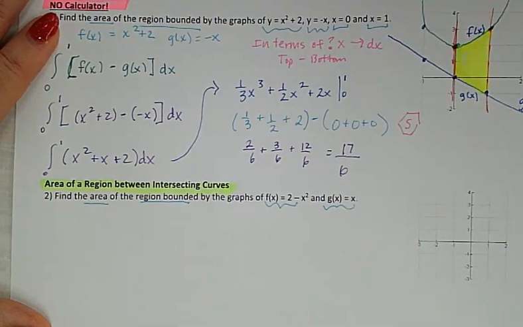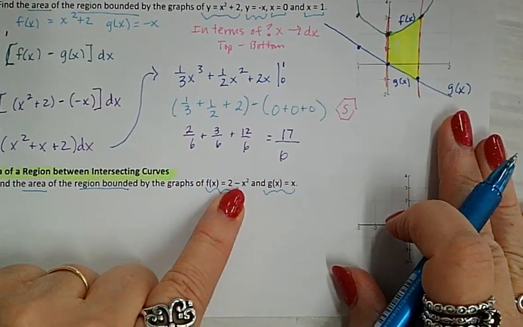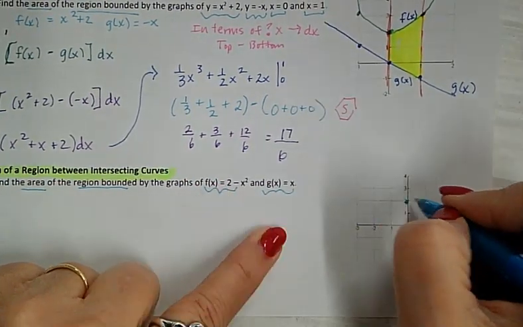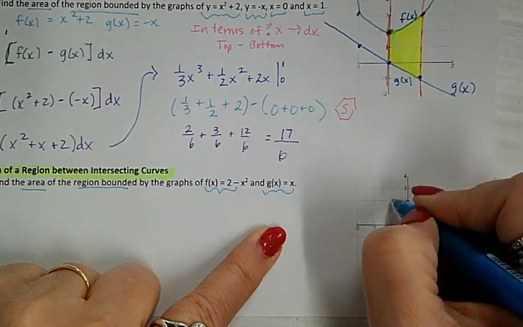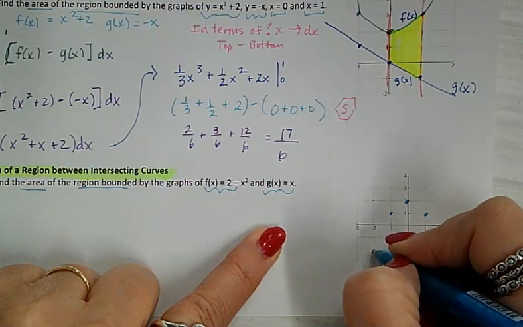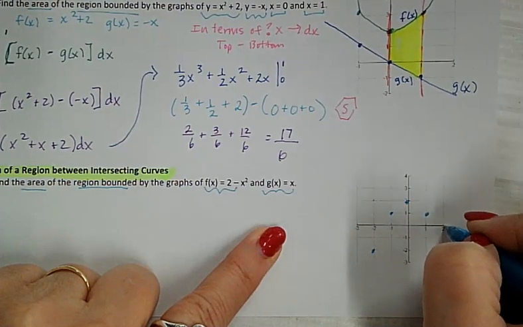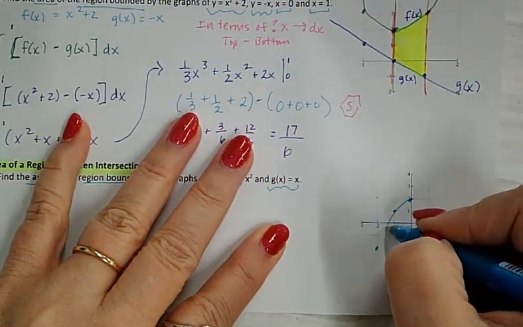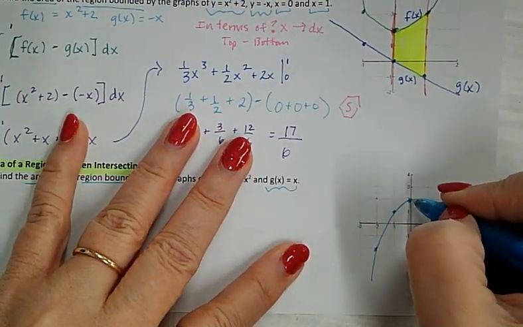So remember we said the first thing we're going to do is graph. So we're going to graph this one, which is a quadratic turned upside down and then shifted up 2. So over 1, down 1, over 1, down 1, over 2, down 1, 2, 3, 4. All your mad graphing skills from Algebra 2 and Pre-Cal should be coming back here.